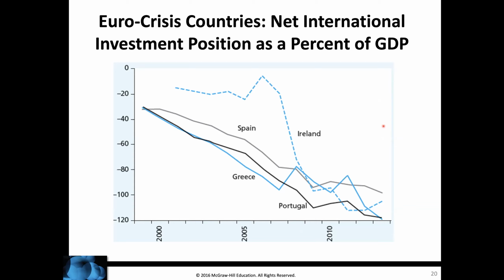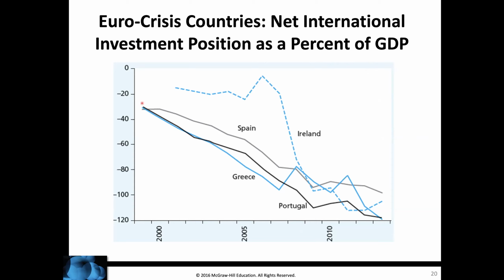Now we're going to look at the Euro crisis countries and their net international investment position as a percentage of GDP. So as we see in this figure, in 1999, when the euro was created, Greece, Spain, and Portugal all joined. They were moderate net debtors.